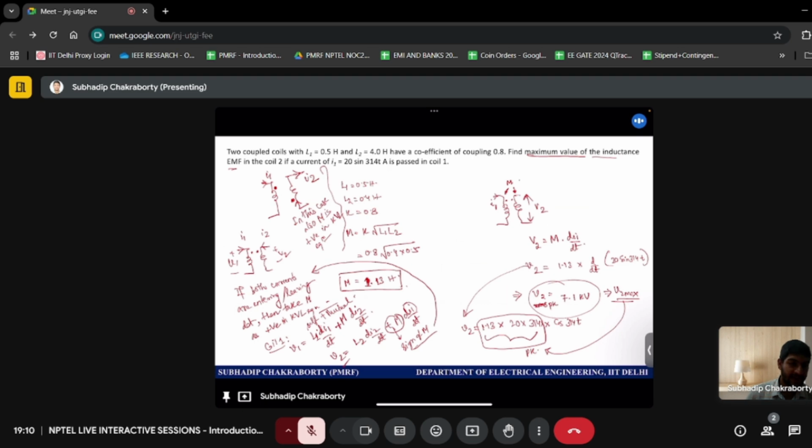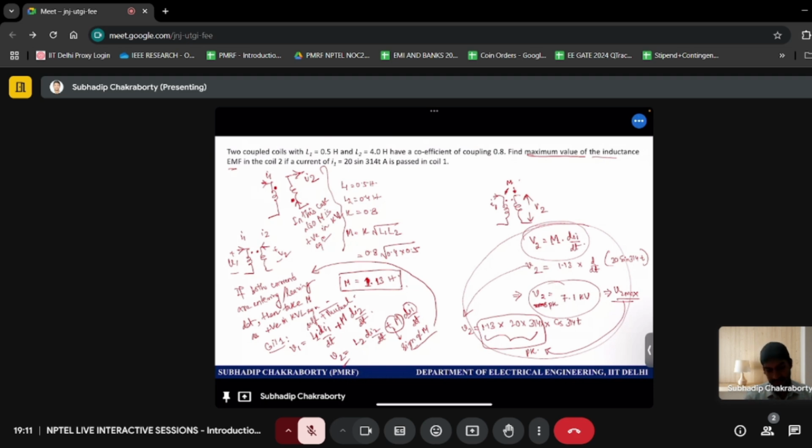And if they ask you simply the value of the voltage, because of the tightly coupled coils and there are no other values, you can just see the self term is very less and almost it is the mutual term.